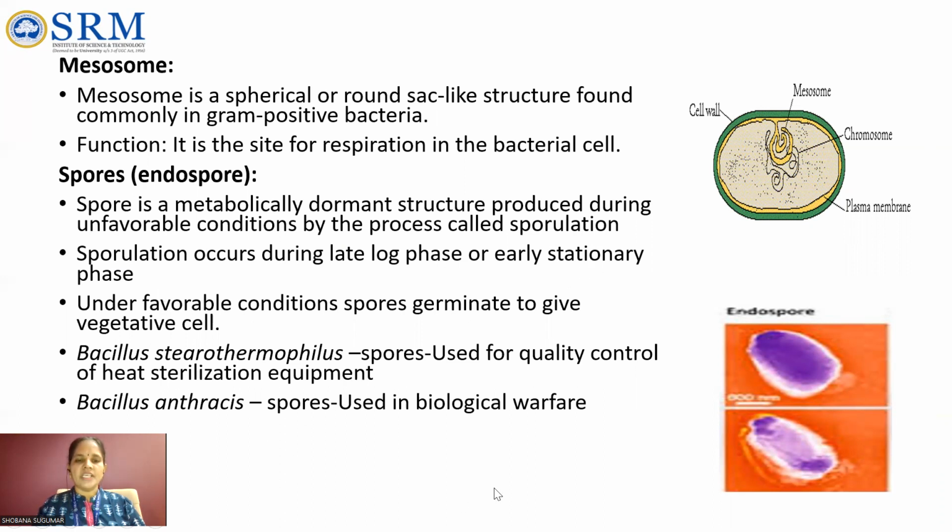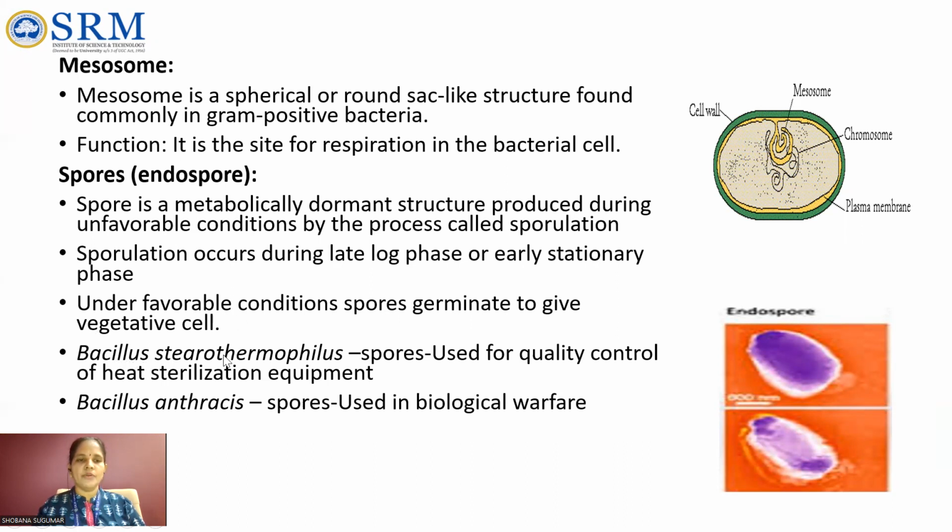There are different phases of bacterial growth: lag phase, log phase, stationary phase, and death phase. Under favorable conditions, the spores germinate to give the vegetative cell.